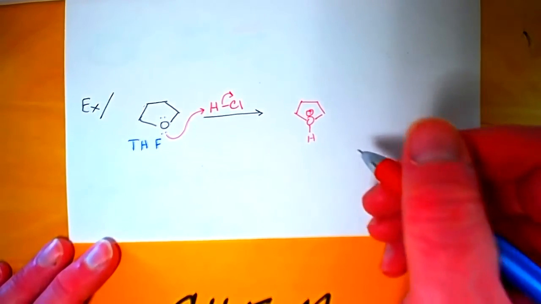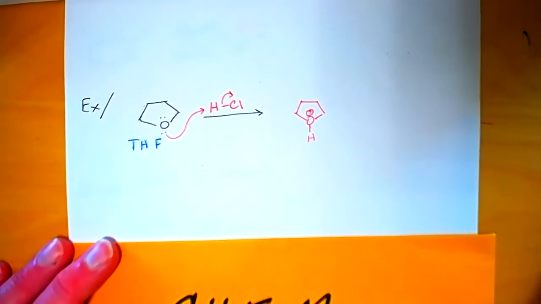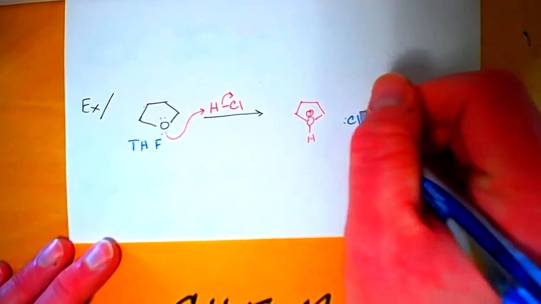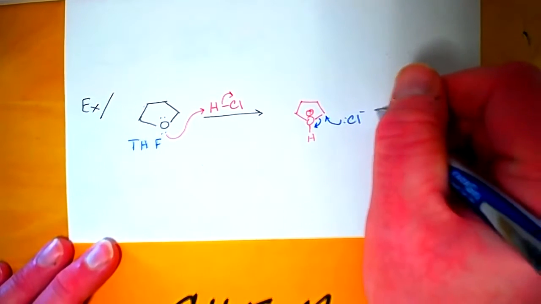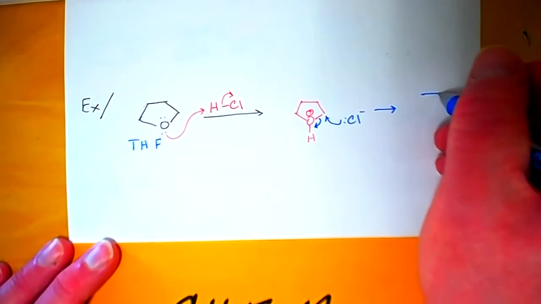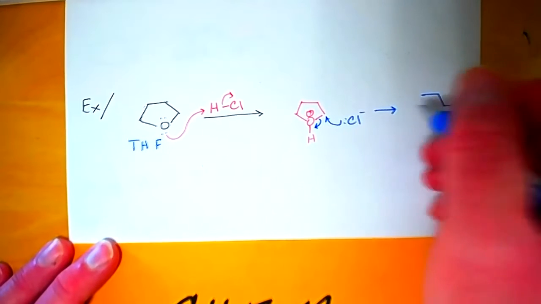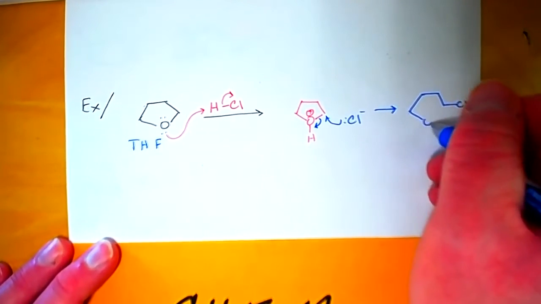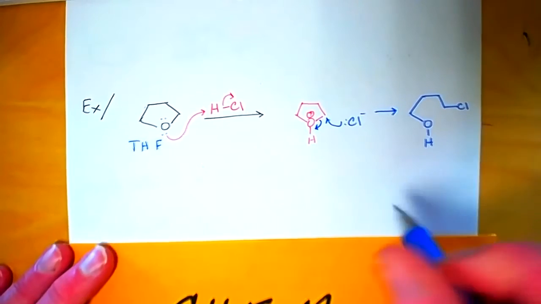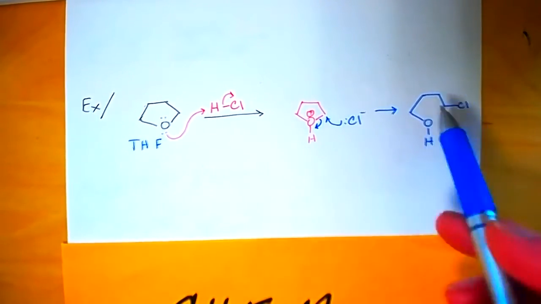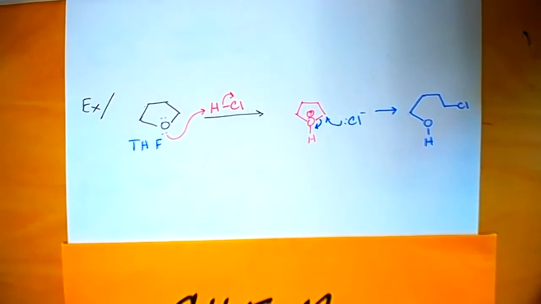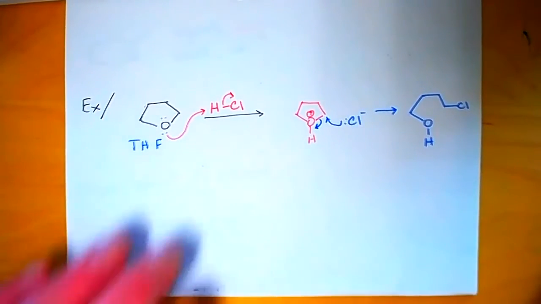You end up with an oxonium ion, and then the chloride can come in and attack and open that ring up. Which, if you're wanting this to just act like your solvent and not start doing chemistry on its own, this is what can happen if you put THF in the presence of a strong acid. So this is more kind of a cautionary tale.